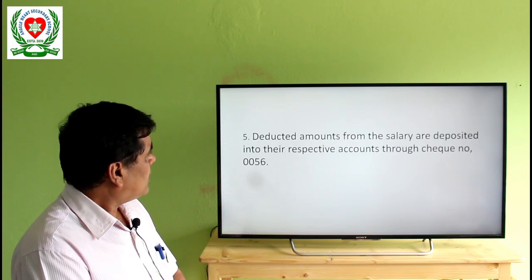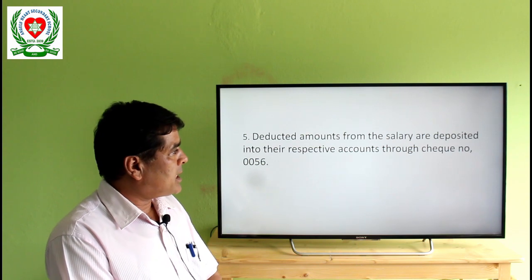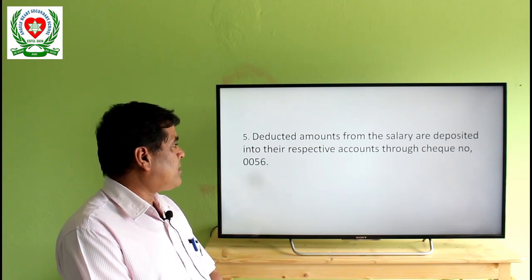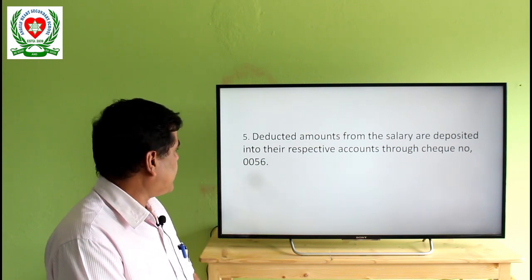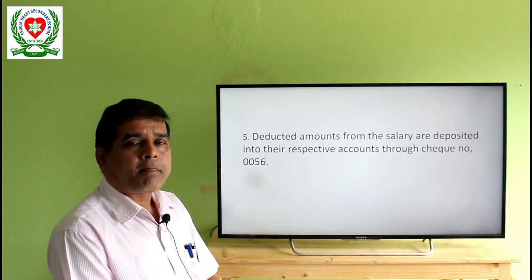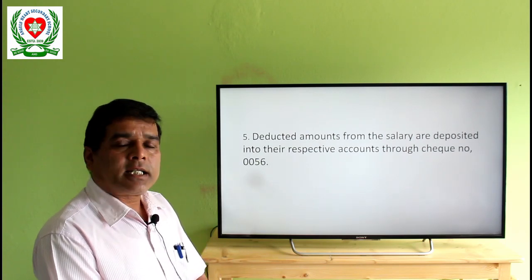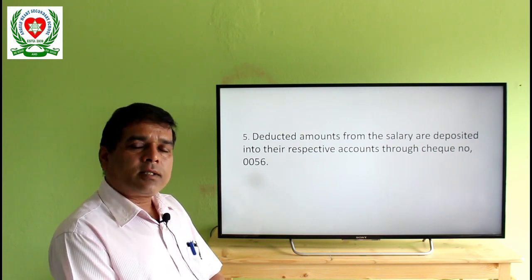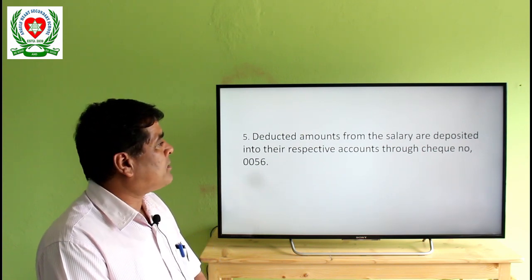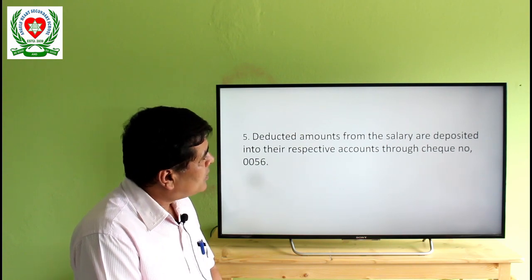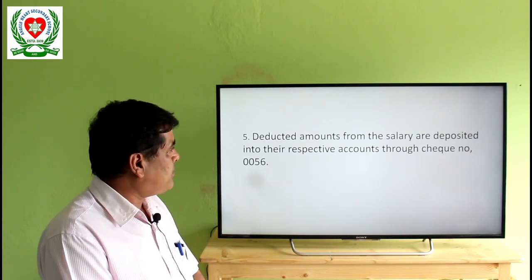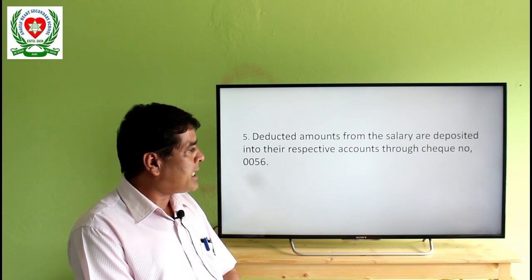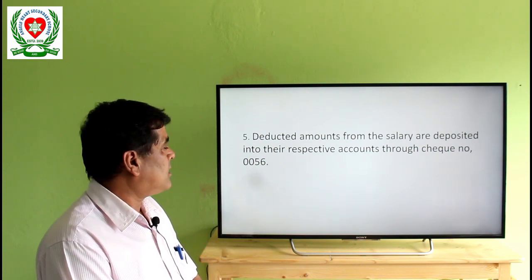Let's see another question. Deducted amounts from the salary are deposited into their respective accounts through check number 0056. Deducted amount from salary means provident fund and income tax, that is 50,000 and 20,000; we have to deposit them into their respective accounts, the provident fund account and the income tax account.